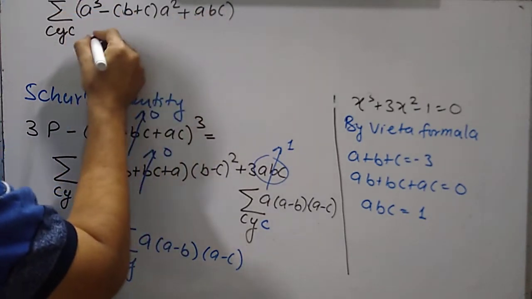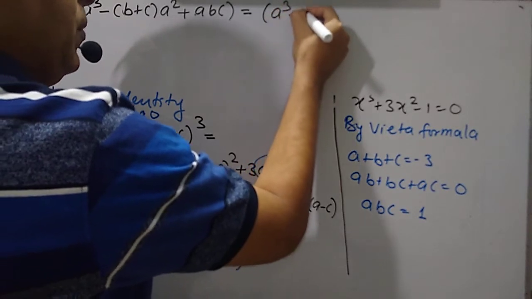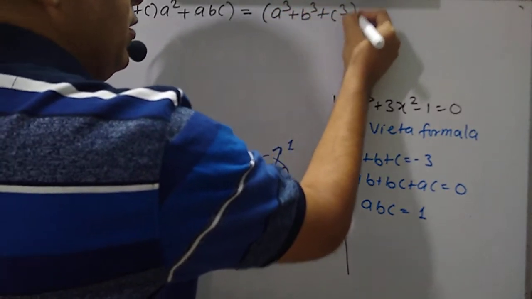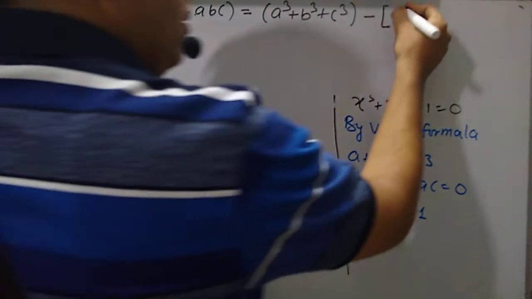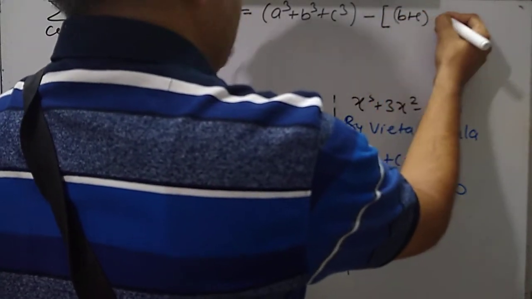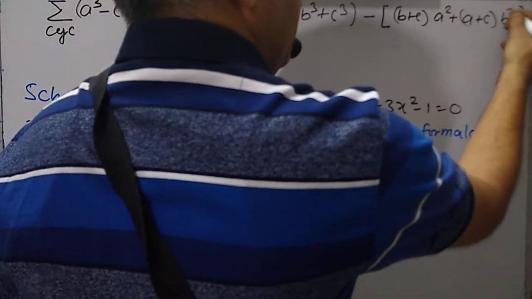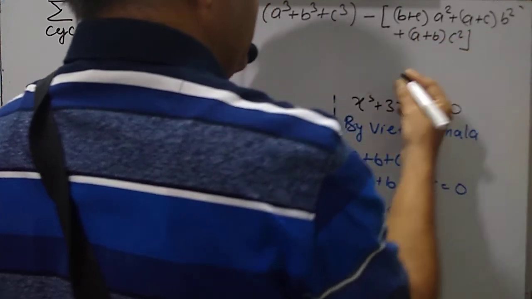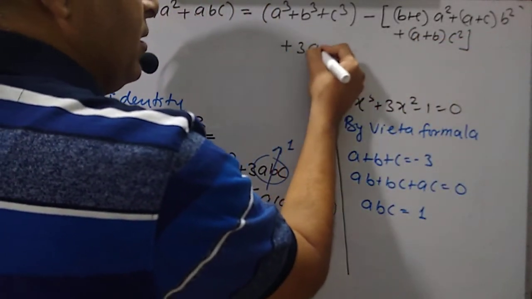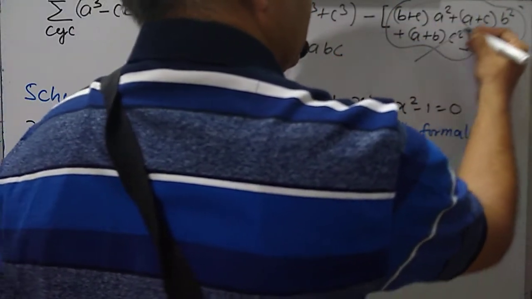So this can be written as a cube plus b cube plus c cube minus (b plus c) times a square, (a plus c) times b square, (a plus b) times c square, plus thrice abc, and this is the value of the sum.